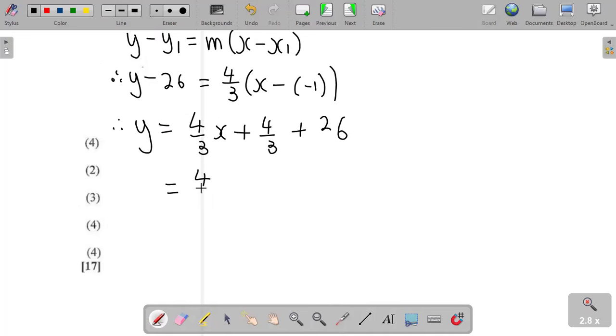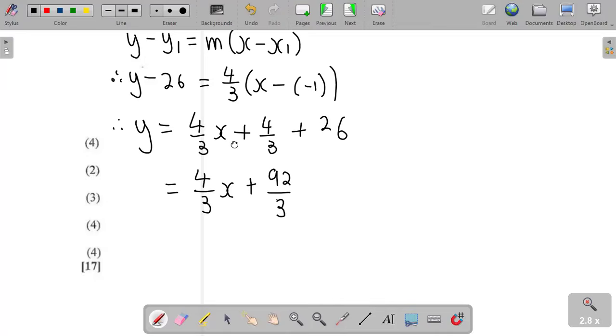So this is going to be 4 over 3x plus 92 over 3. So that's our equation.